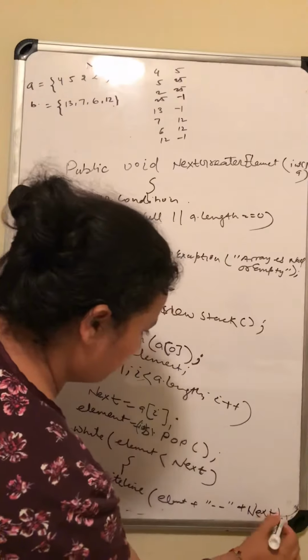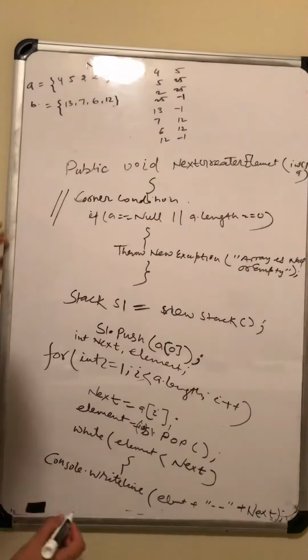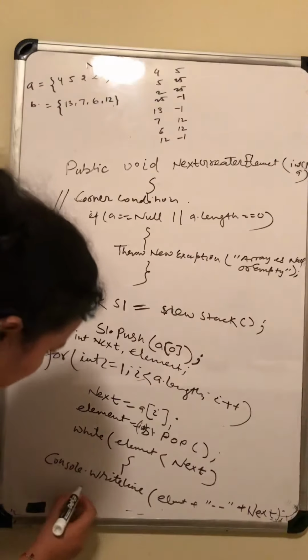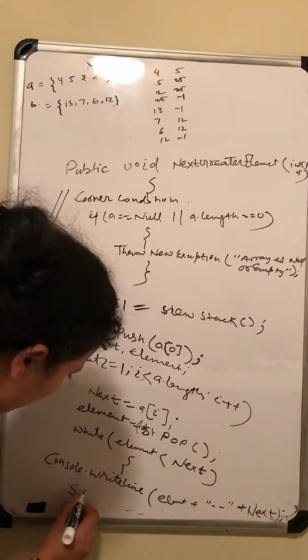That is the next greater element. I will print this. Otherwise, I will just s.pop.